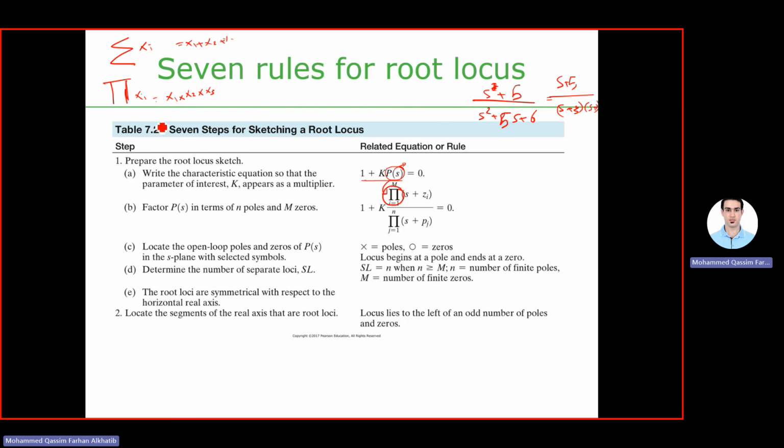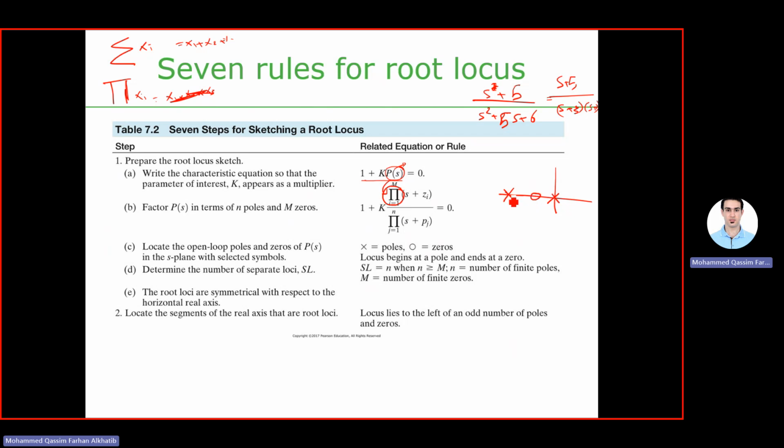So just a product. That's why it's saying make the transfer function as a form of products of poles and zeros, or the factorizations. Now locate the open loop poles and zeros of P(s). You start as if there is no k. And as in the previous example, locate the open loop poles and zeros.